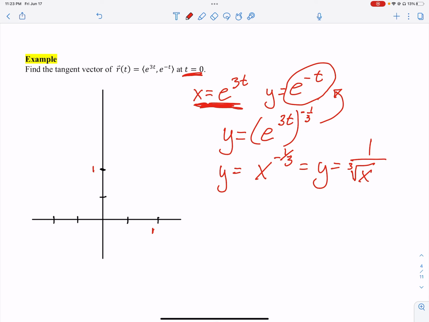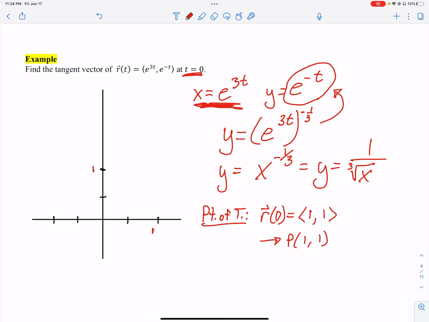Let's find our point of tangency. We just have to find the beginning point, which was t equals 0, of our vector. So plugging that in, we'd have 1, 1, which tells me my point of tangency is 1, 1.